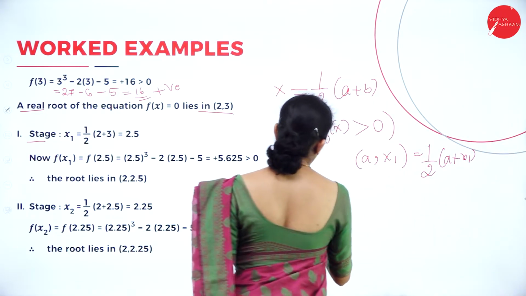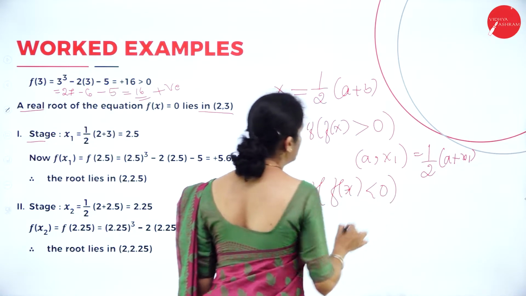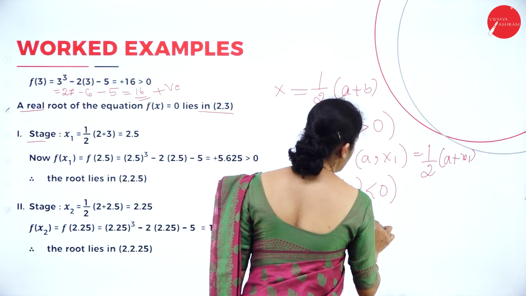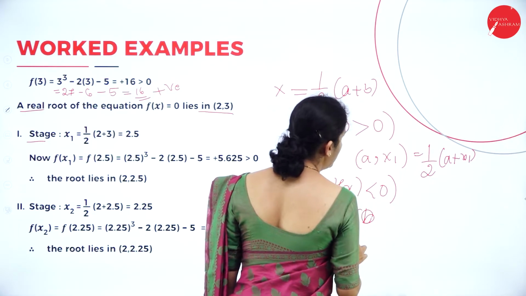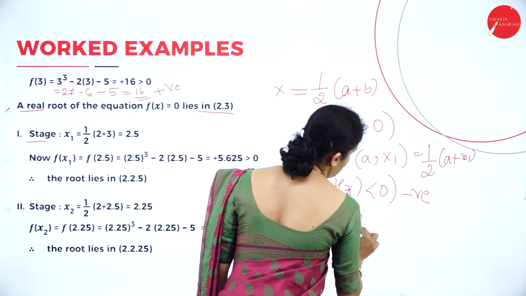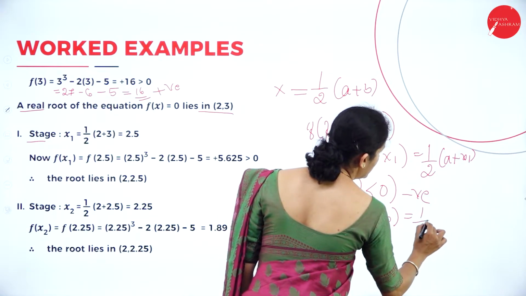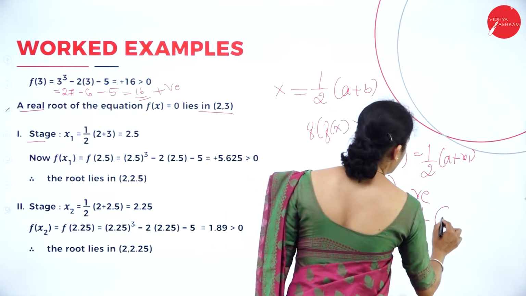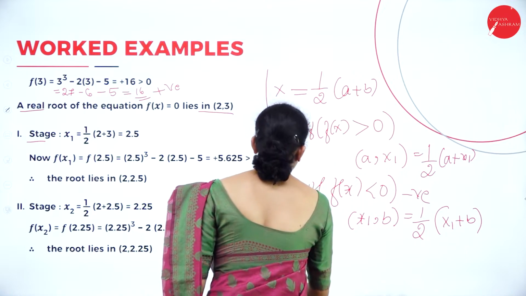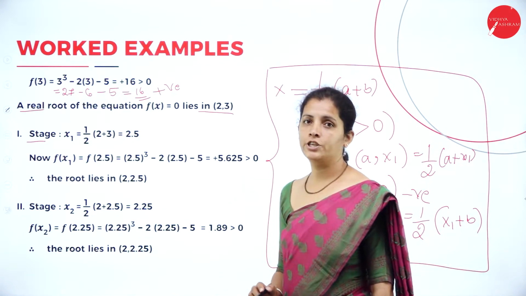Now, if my f of x is less than 0, that is nothing but a negative value, then I'm going to replace A by x1. So, the formula is half x1 plus B. This much formula you have to remember while solving the bisection method.